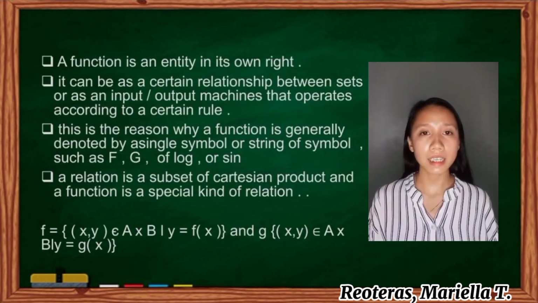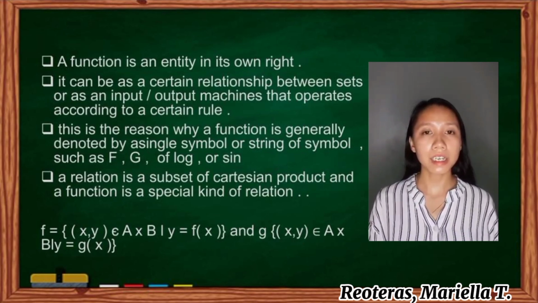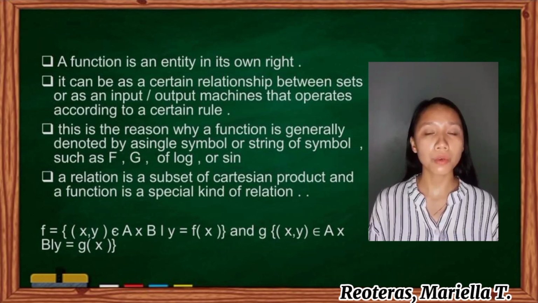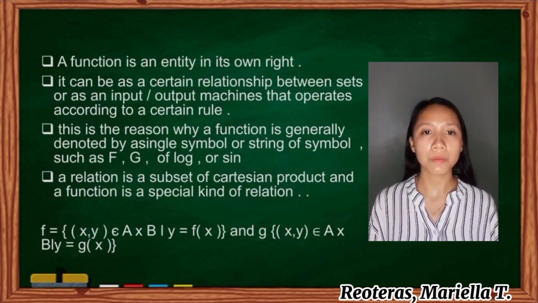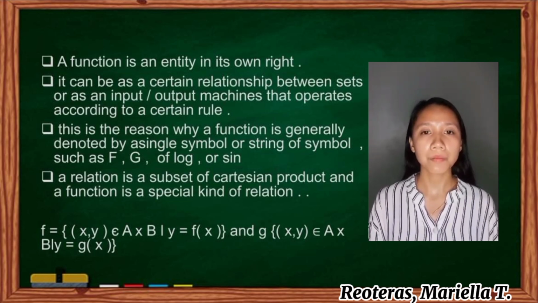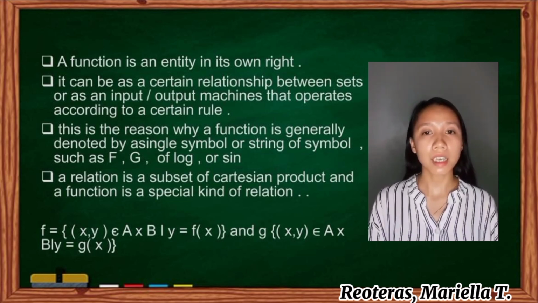A function is an entity in its own right. It can be seen as a certain relationship between sets or as an input-output machine that operates according to a certain rule. This is the reason why a function is generally denoted by a single symbol or string of symbols such as f, g, log, or sin.